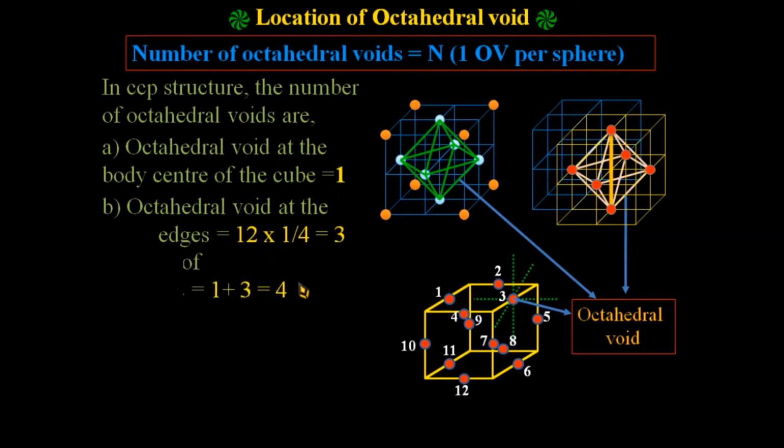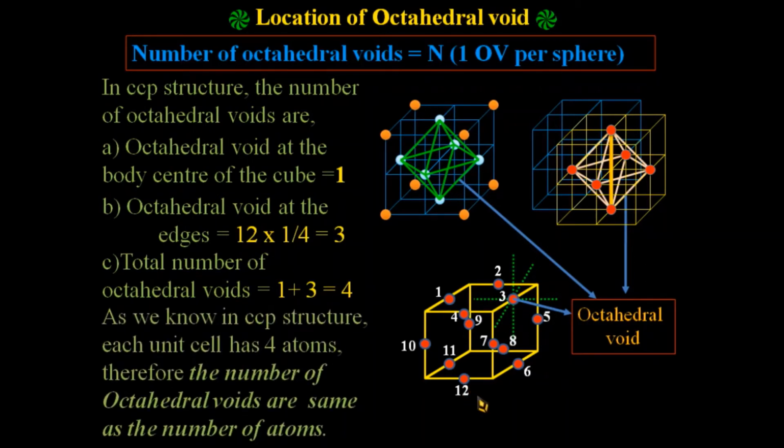It means that the total number of octahedral voids is 1 plus 3, that is equal to 4. Here we represent the 12 places where these octahedral voids are to be located: 1, 2, 3, 4, 5, 6, 7, 8, 9, 10, 11, 12.